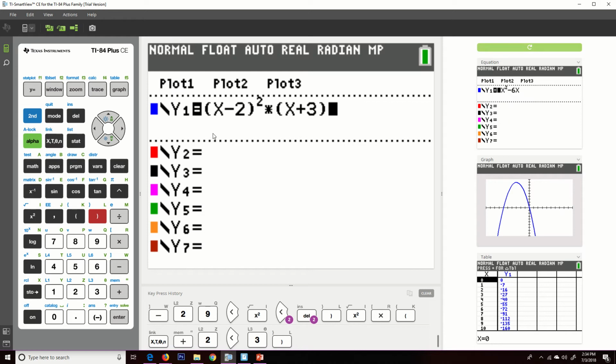And so when I look at this thing, based on that last slide, the zeros of this particular polynomial are positive 2 and negative 3. Those are your zeros. This zero, positive 2, has a multiplicity of 2, and this zero, x equals negative 3, has a multiplicity of 1, because that's the degree of that zero.